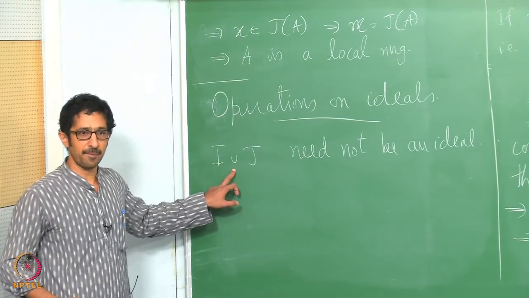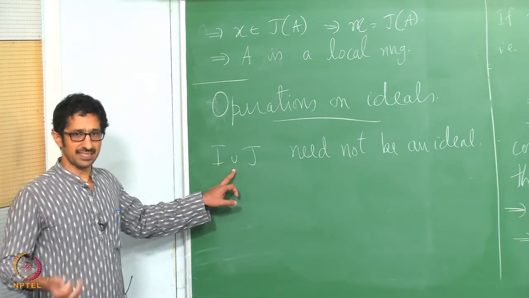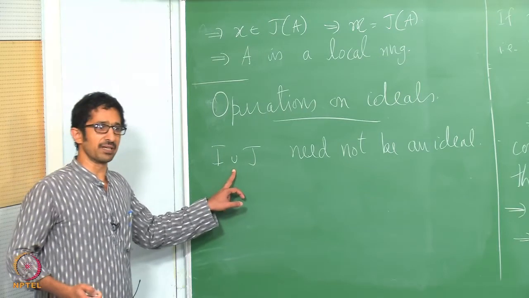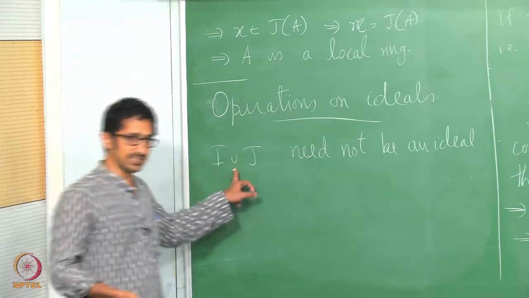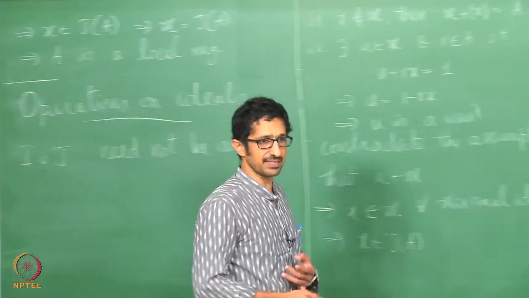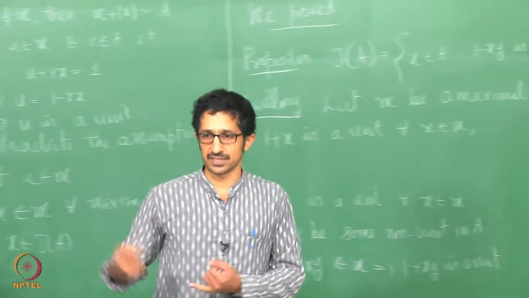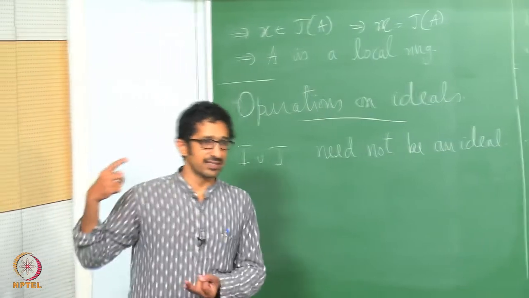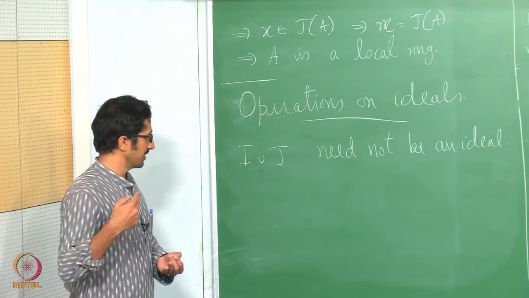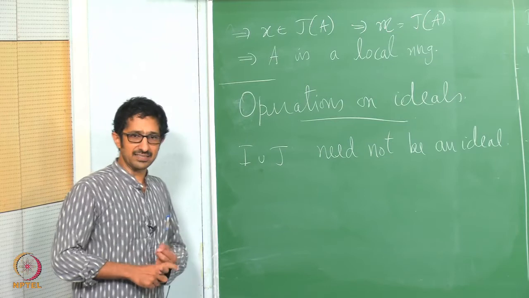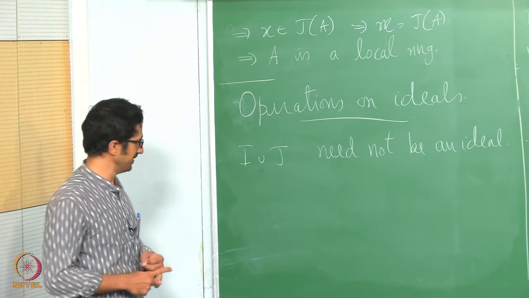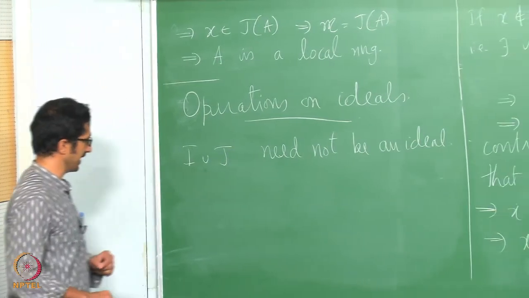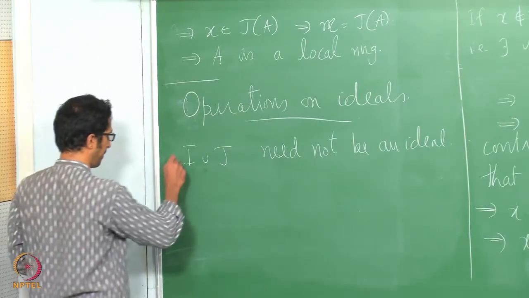I union J is an ideal if and only if I is contained in J or J is contained in I. This is something that you have seen for the case of vector spaces and group theory.